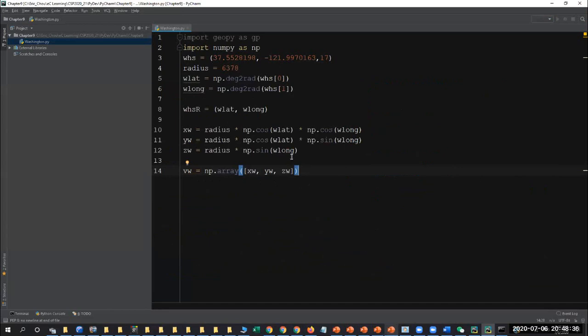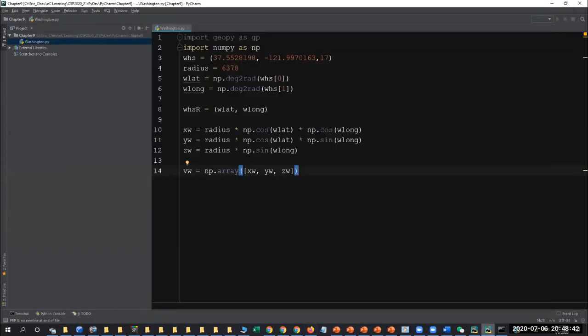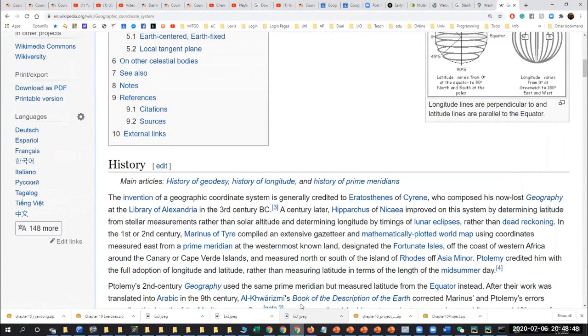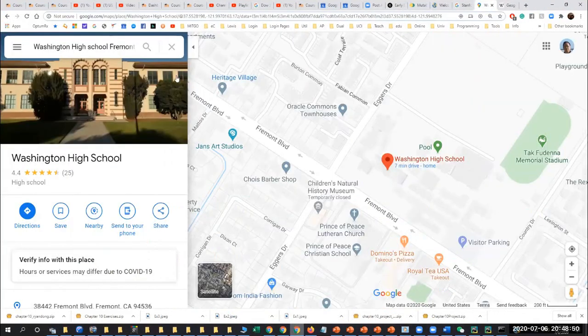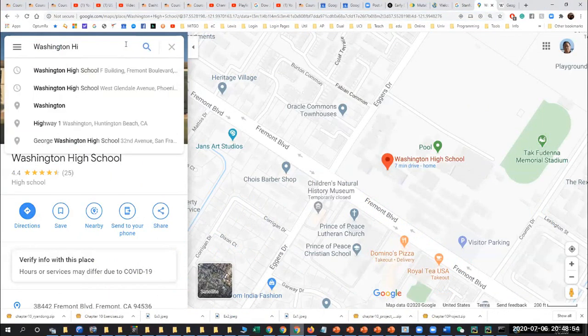This is Washington Hospital, right? Let's try another location, the other location is Washington Hospital, okay? So very close. So we will see how long they are.